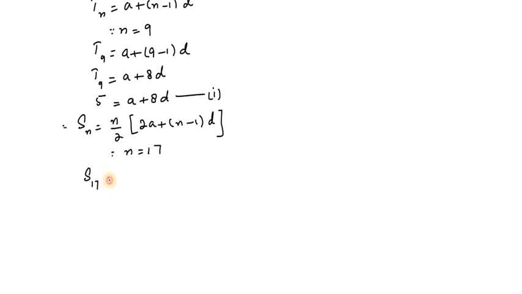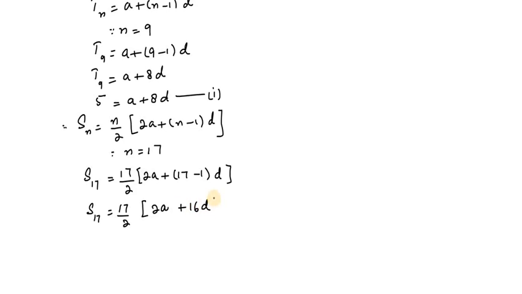S17 is equal to 17 upon 2 times 2a plus 17 minus 1 of d. S17 is equal to 17 upon 2, twice of a plus 16d. We can take 2 as common, so here a plus 8d is left.